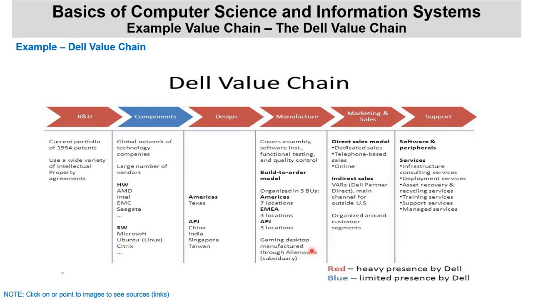Again, it comes down to how the company wants to run the show. Here what you see is heavy presence by Dell and limited presence by Dell. In the red ones, Dell is heavily present, and in the component part, they rely on other people to support them, and that's what this means. That helps Dell as a company to work better.